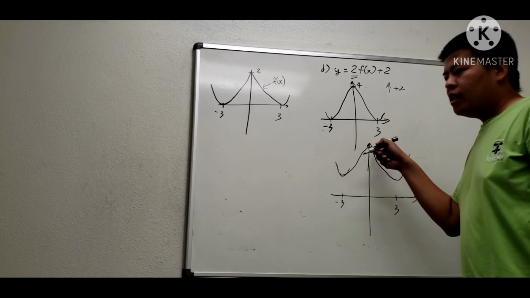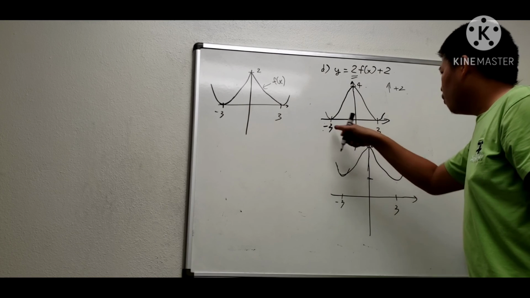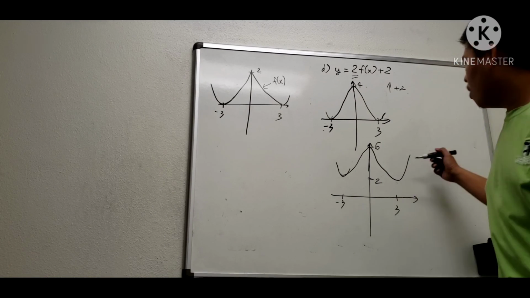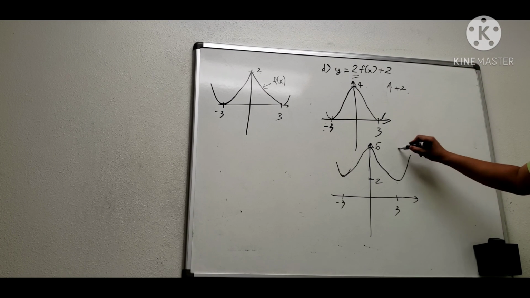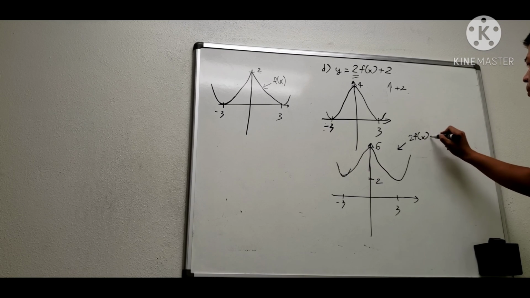So the top one has to become 6, and now the location from the 0 in here will become 2, because we move the graph upward 2 digits. So this is the graph for the function 2f(x) plus 2.